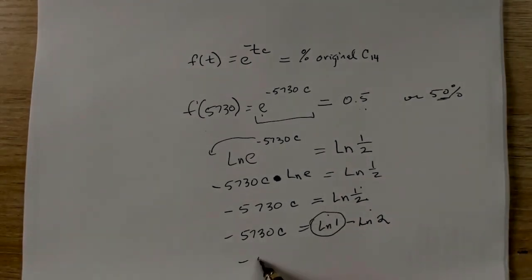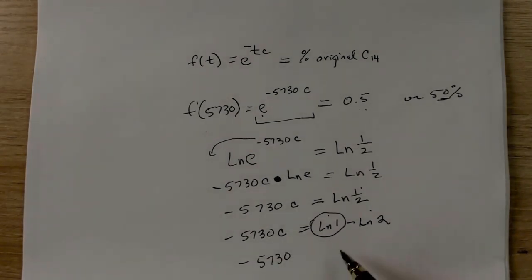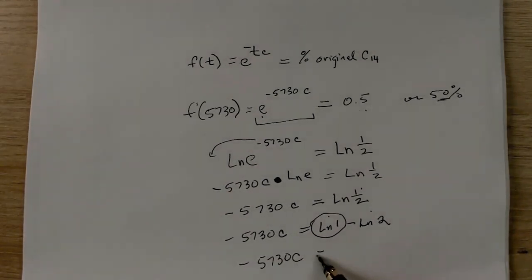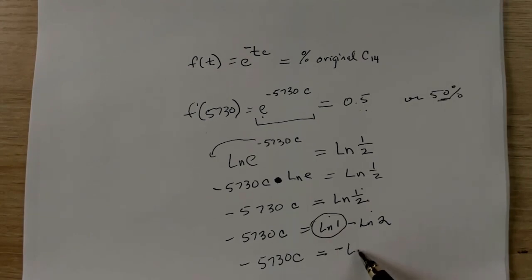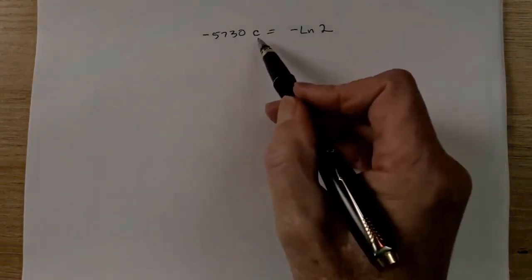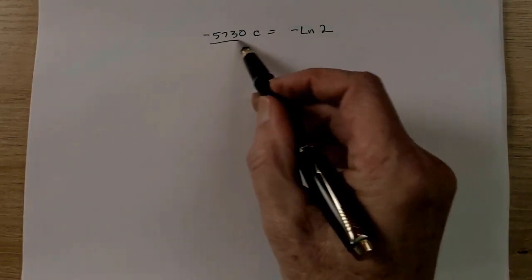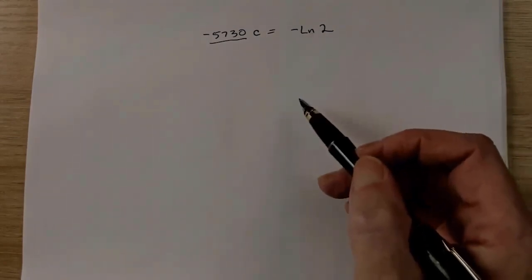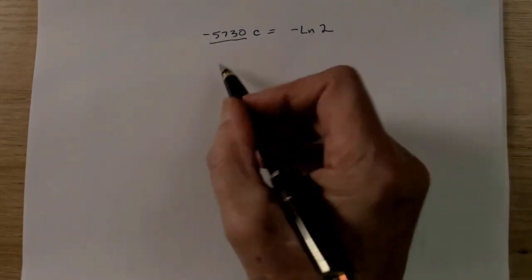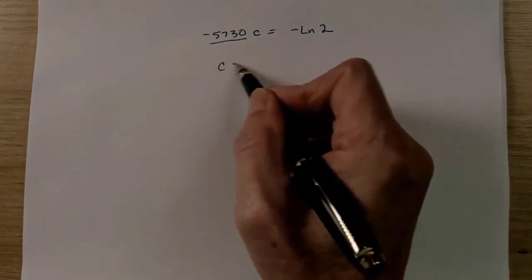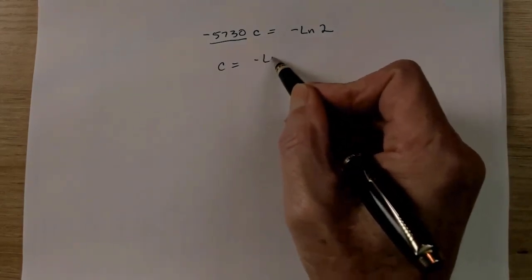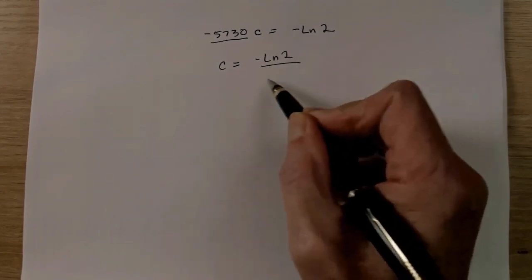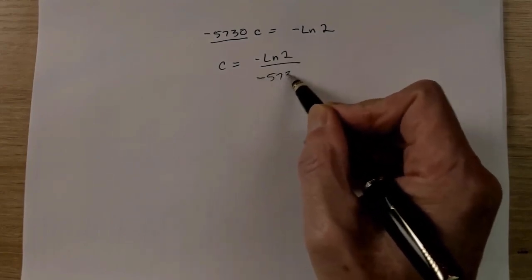So, negative 5730c equals negative natural log of 2. So we're in pretty good shape right now. Now to solve for c, what we have to do is take negative 5730 and divide that into the natural log of 2. So c equals negative natural log of 2 over negative 5730.